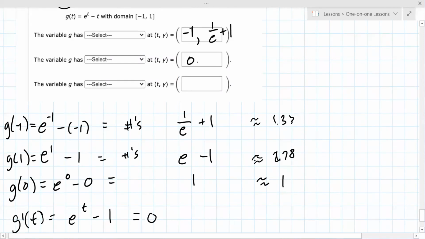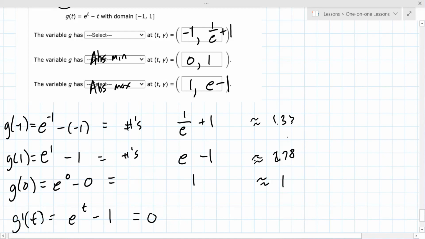This point here, 0 comma 1, is right in the middle, and then 1 comma e minus 1. So 1 is the smallest. So this is the absolute min. And then which is the largest? It's this one. So that's the absolute max.